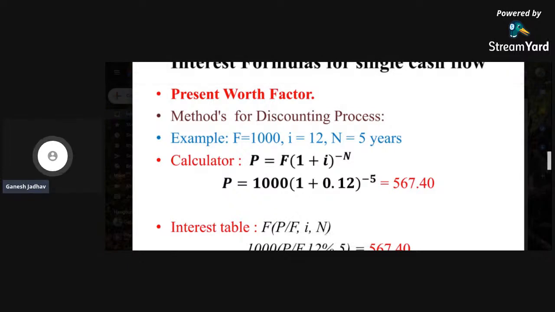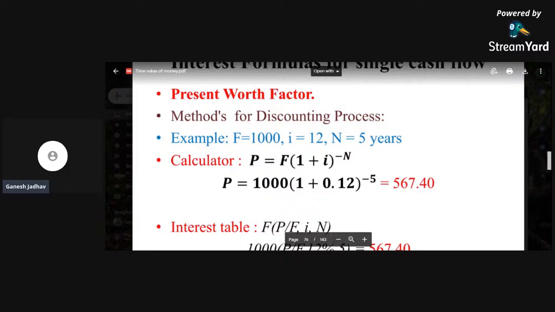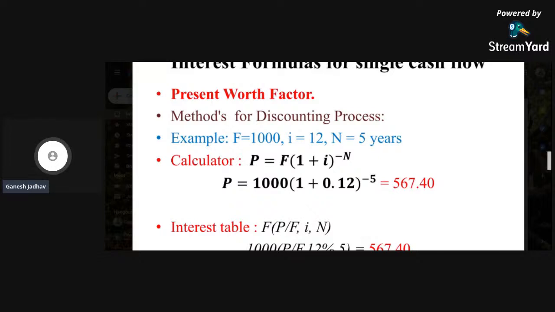So P is equal to F in bracket 1 plus i raised to minus n. They only modified the formula of the future value.